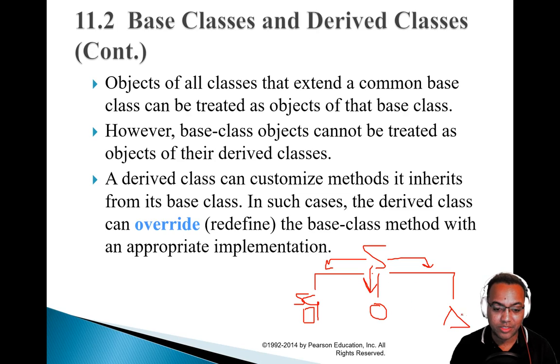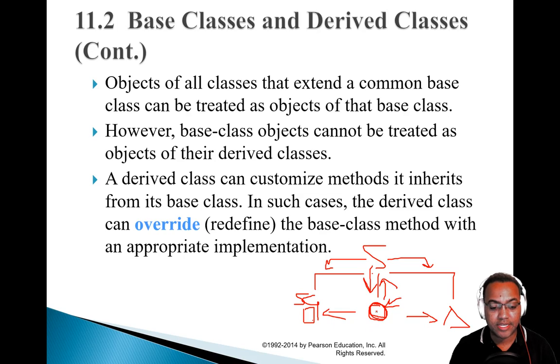But, and this is why I said those arrows pointing up are kind of misleading, whatever methods are inherent to the circle class are neither inherent to the square class or the triangle class, and those methods are not inherited by the shape class. The circle class only contains methods for itself, and vice versa.